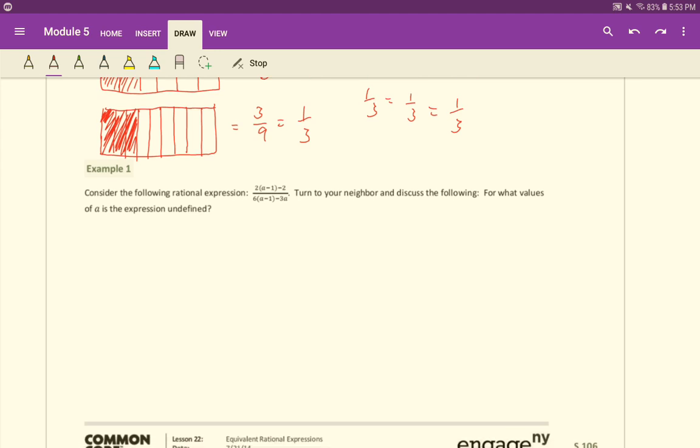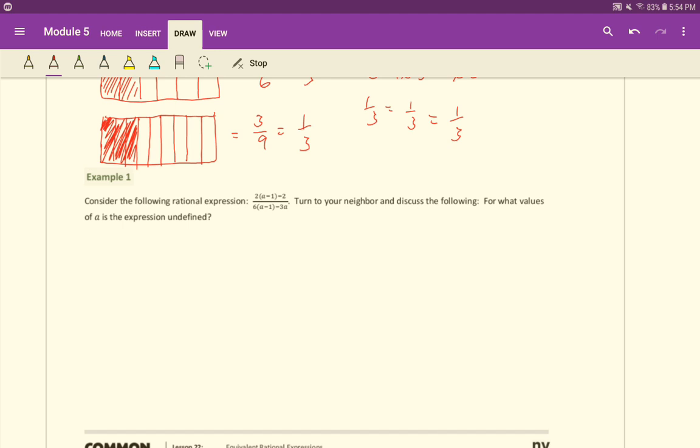In this first example, we're asked to consider the following rational expression. A rational expression, by the way, is just a fraction that can have variables or numbers in the numerator and denominator. We're going to be simplifying these in this lesson. So again, turn to your neighbor. That's not something we can really do with these videos, but we can at least answer the question.